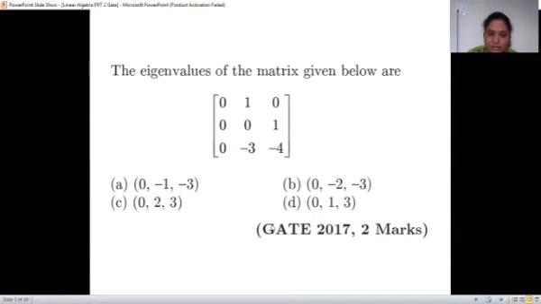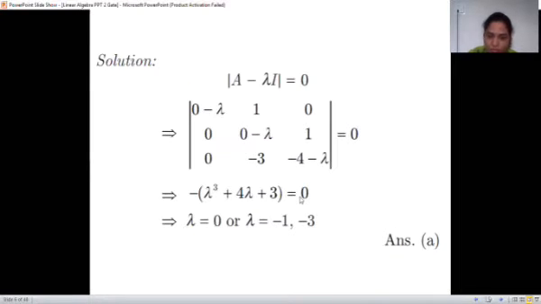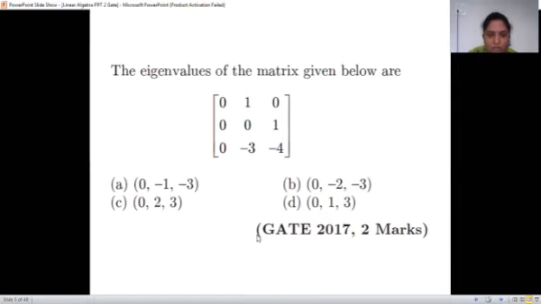And the answers, which after substituting in this equation will give you 0, that will be your correct answer. So you can check. Is 0 the answer? Okay, you can check.